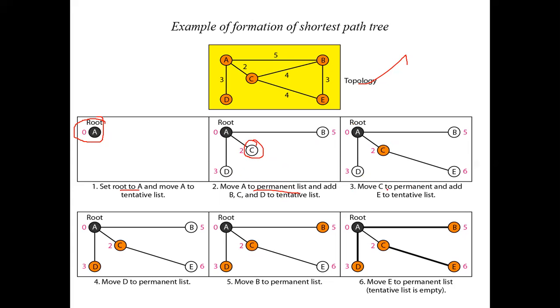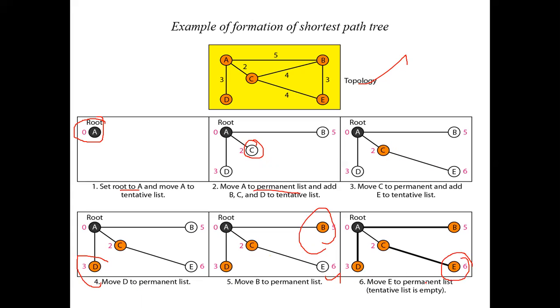After moving C to permanent, I will add E to the tentative list. After that, I make D permanent and then B permanent. Then for E, I check whether there is anything next to E in the tentative list. No, the tentative list is empty, so I make E permanent.